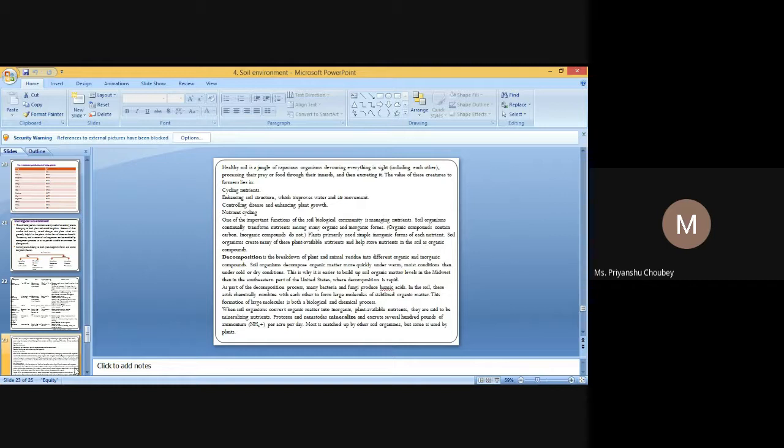As part of the decomposition process, many bacteria and fungi produce humic acid in the soil. These acid families combine with each other to form large molecules of a stable form.